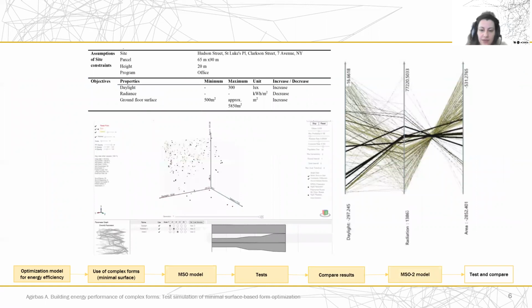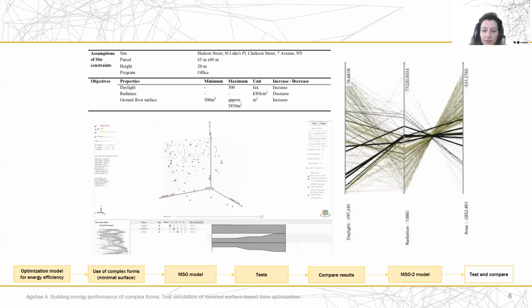So let's talk about the second test. In this model, I put a maximum limit on the daylighting simulation. And I also use a daily basis daylighting simulation, which shortens the simulation time in the optimization process.